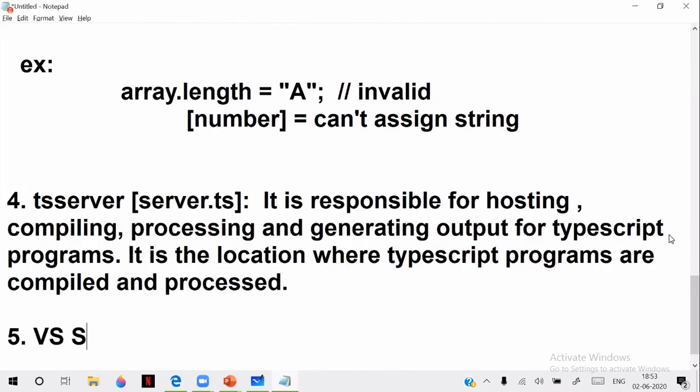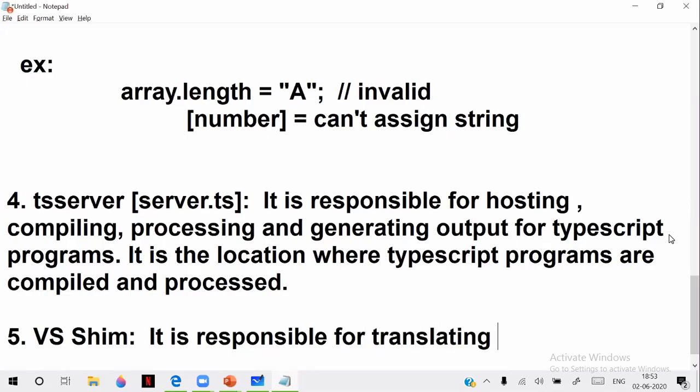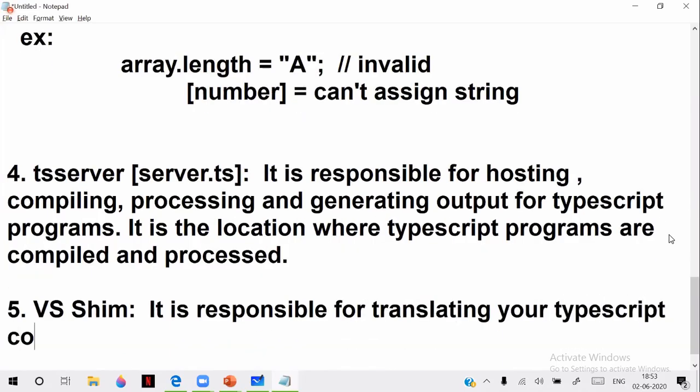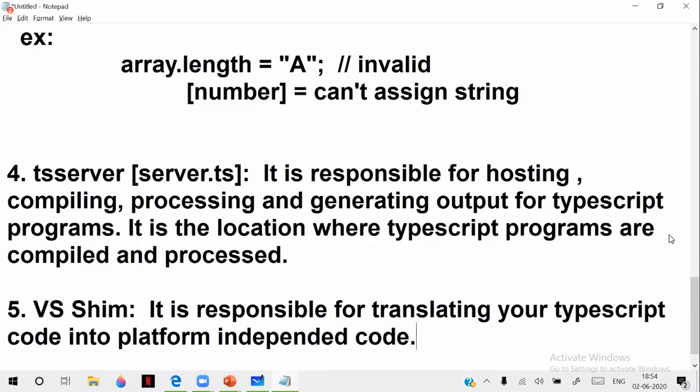And we have VS Shim. VS Shim is responsible for translating your TypeScript code into platform independent code.